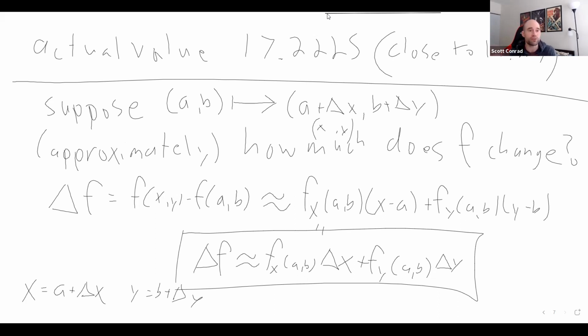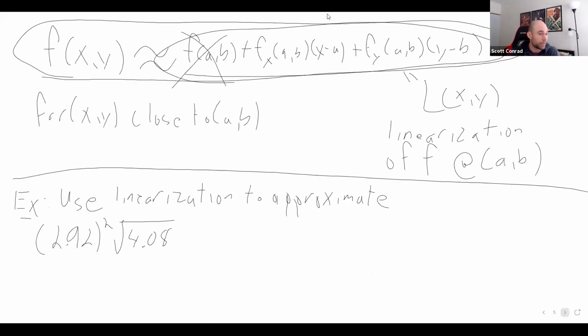Which really is just a repurposed formula that we already know, the equation of the tangent plane. We're just moving things around.